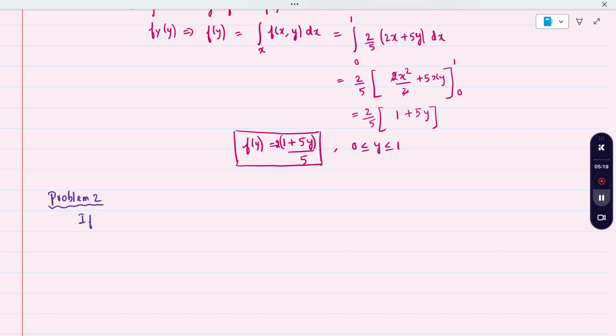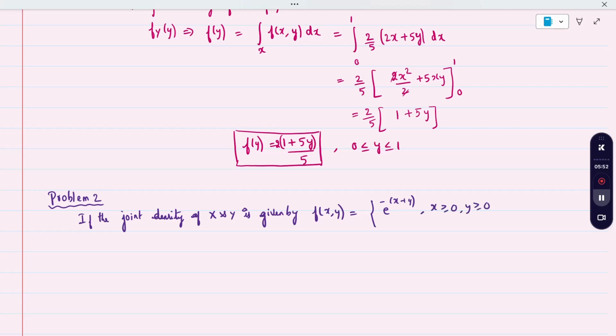If the joint density function of x and y is given to be f of x comma y equals e to the power minus (x plus y), where x is greater than or equal to 0 and y is greater than or equal to 0, and 0 elsewhere.